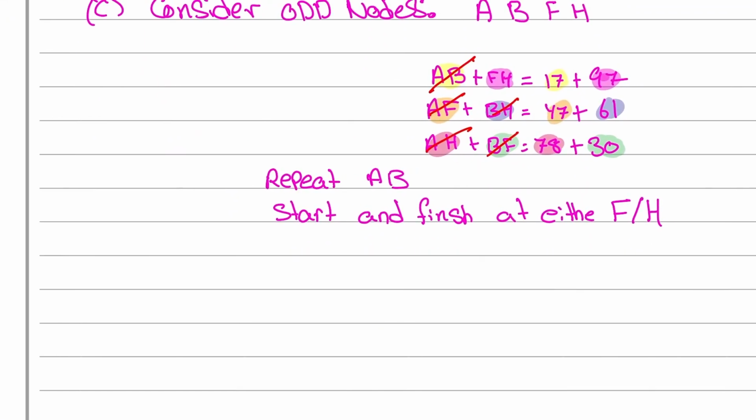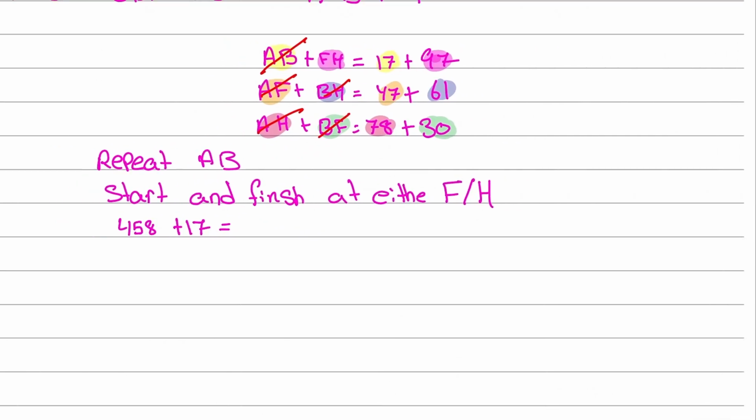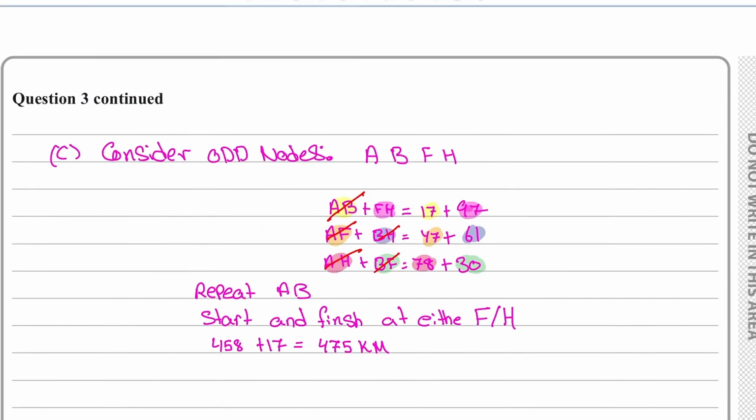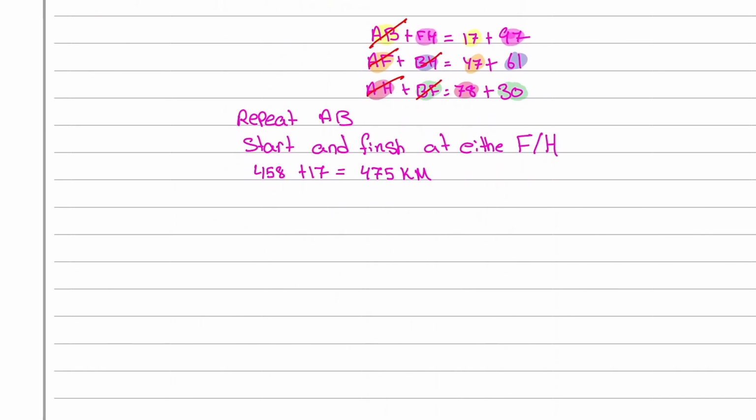So we want to find the length. So that's going to be 458 plus 17, which is going to be 475 kilometers, which is definitely shorter than our previous 494 kilometers.